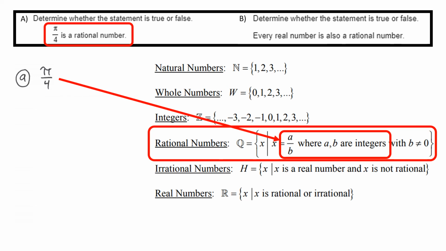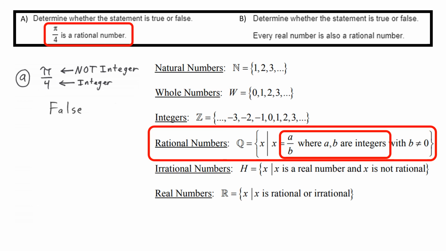However, the definition goes on to say that a and b are both integers. 4 is an integer, but pi is not an integer. So therefore, this number is not fitting the definition of rational numbers. It's not an integer over an integer. So the statement is false. Pi over 4 is a rational number? No, pi over 4 is not a rational number.